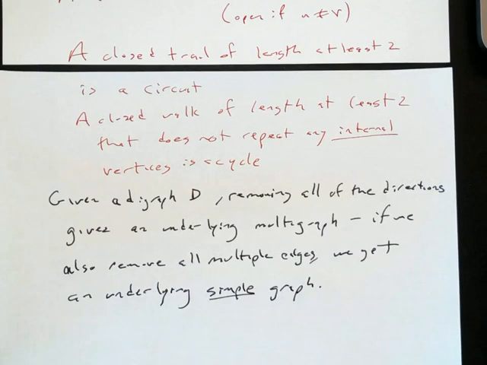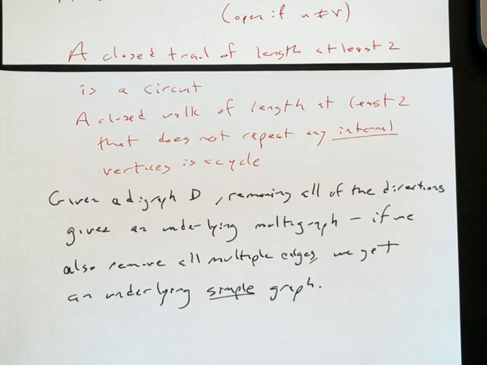Now, technically, if I just remove the directions from my edges, I would still have multiple edges in that digraph because I had 2. One went from T to W and one went from W to T. But if I remove the duplicated edge as well, replace it with a single edge, then I get a simple graph.